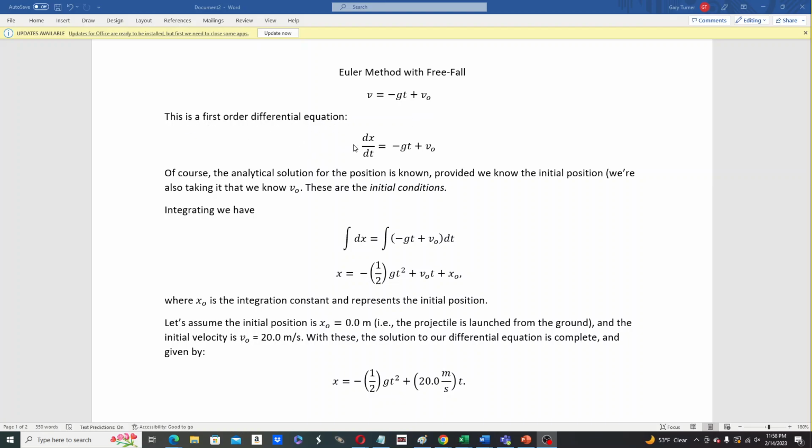And if I want to solve this equation for the displacement or the position, then this becomes a first-order differential equation.